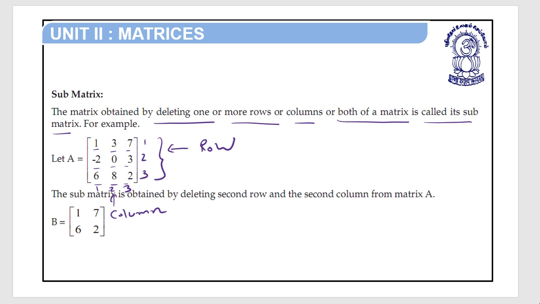So deleting the second row and second column, we will get 1 7 6 2. B is equal to 1 7 6 2.